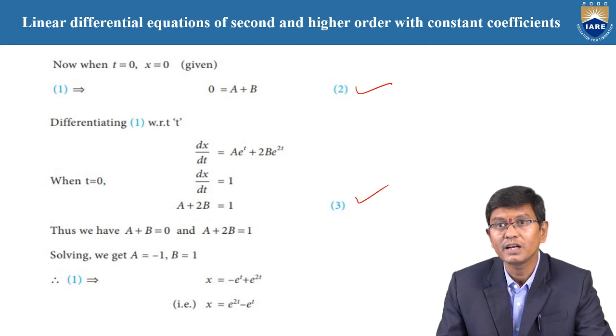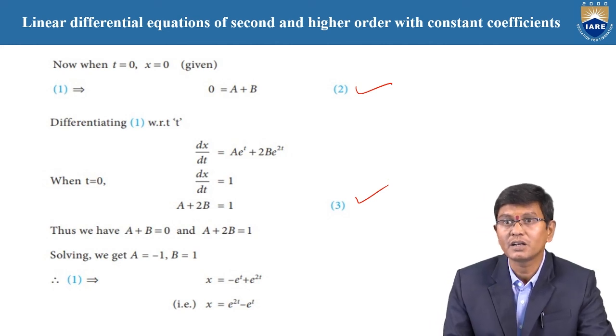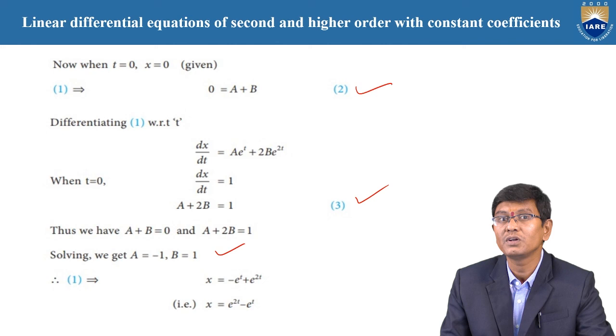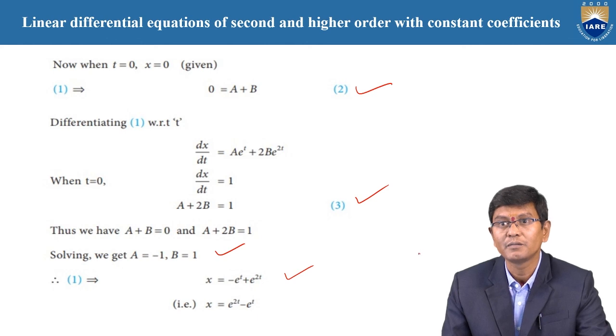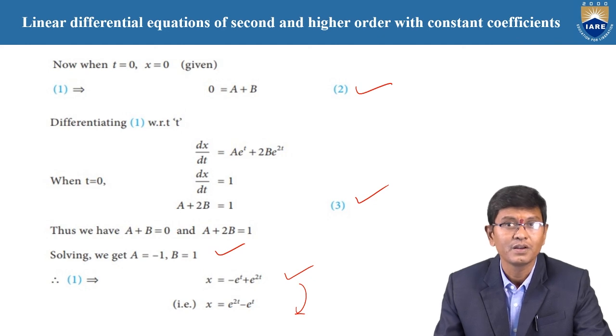Now we solve equations 2 and 3. Therefore, you obtain A is equal to minus 1 and B is equal to 1. Therefore, the complete solution of the given differential equation is x is equal to minus e power t plus e power 2t. Otherwise, e power 2t minus e power t.